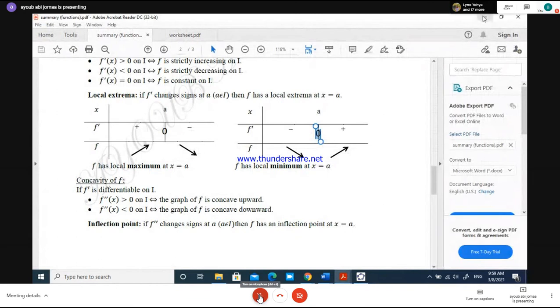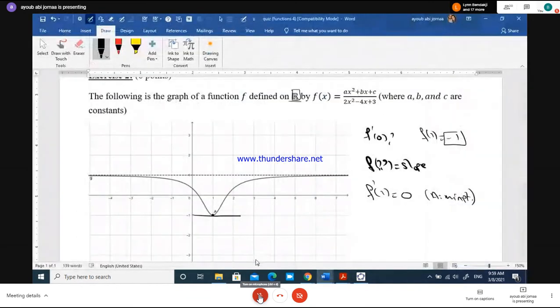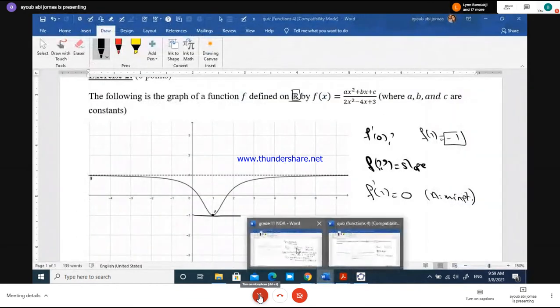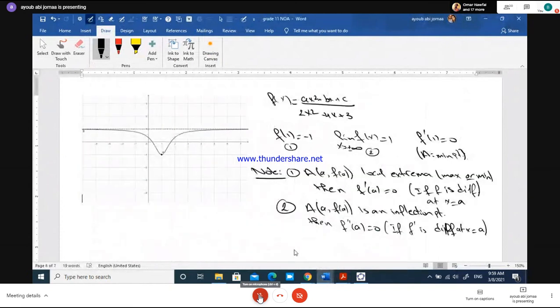These are the three pieces of information we found from the graph. Now we are going to use them in order to find A, B, and C. Right. I'm going to start from the limit.